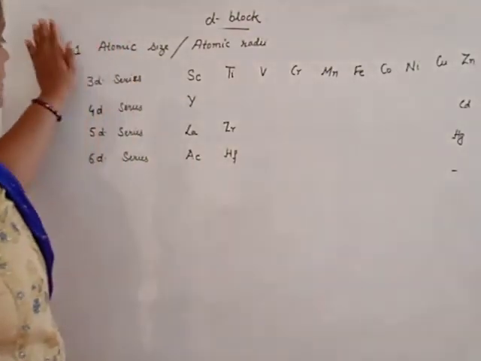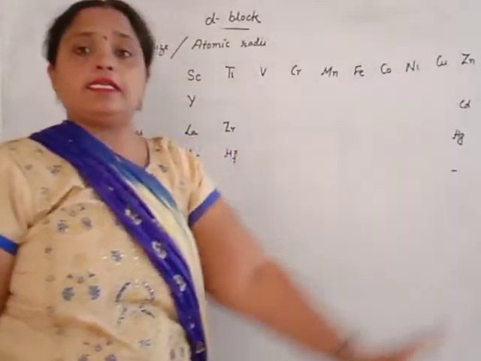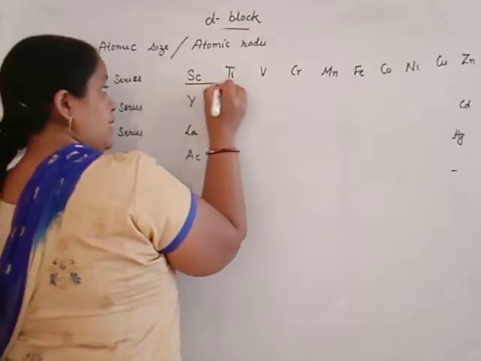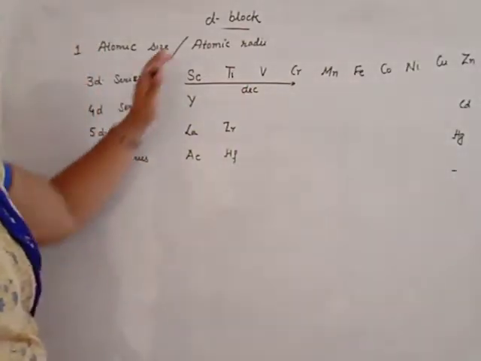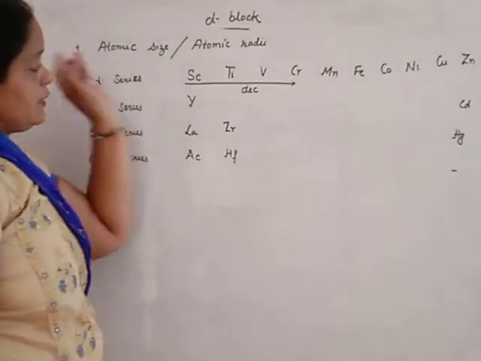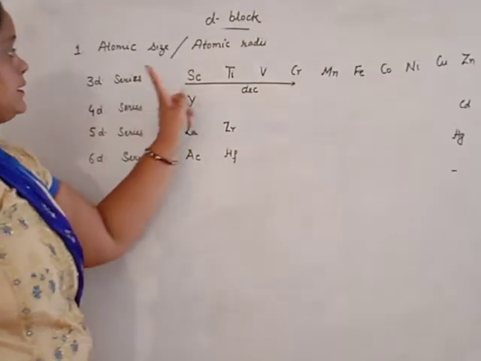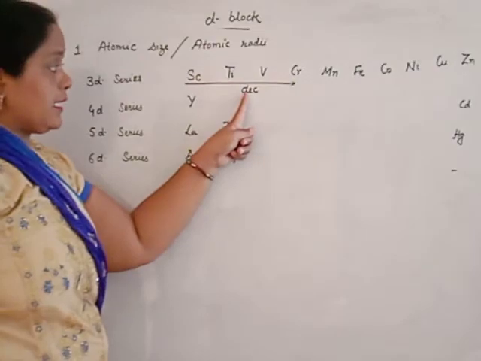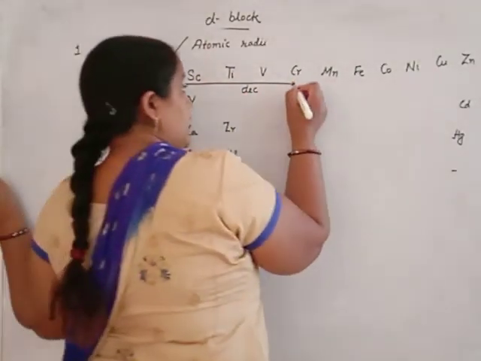But in case of d block elements, atomic size normally decreases, but due to some reason, atomic size decreases from scandium to chromium. This applies in all the series, but in your syllabus only the 3d series is explained. In the 3d series, atomic radii decrease from scandium to chromium.